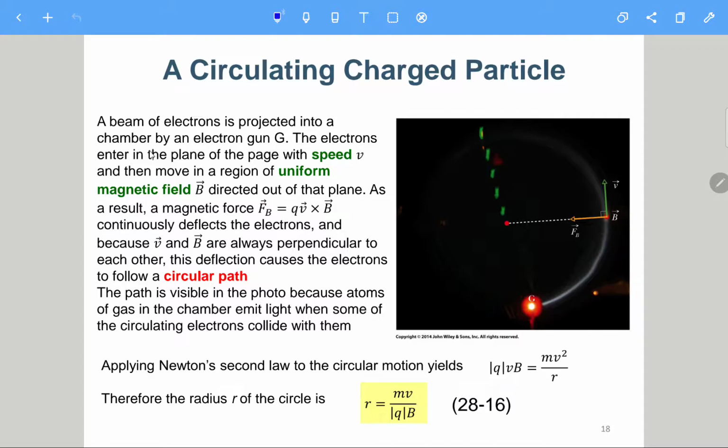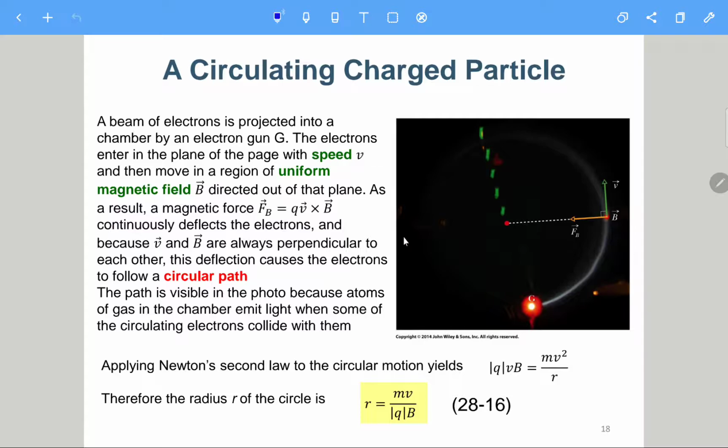So a beam of electrons is projected into a chamber by an electron gun G. The electrons enter the plane with a speed v and move in a region of uniform magnetic field directly out of the plane. We don't have a cross field here.